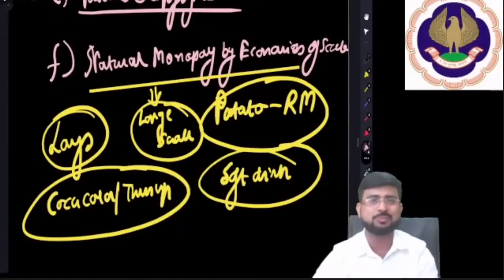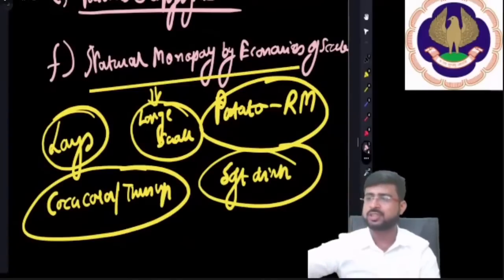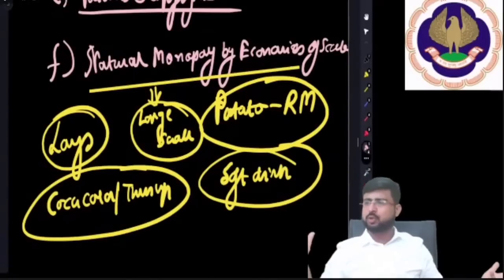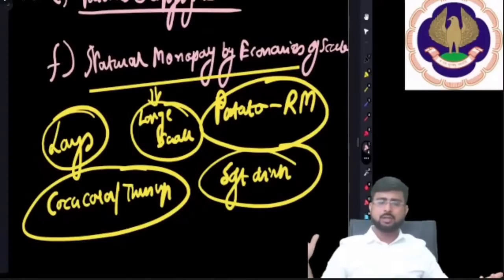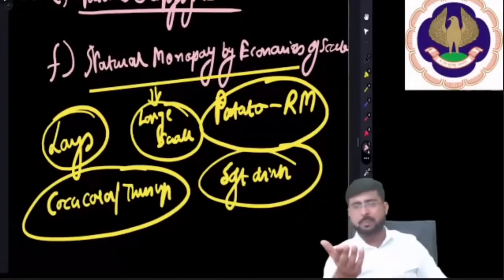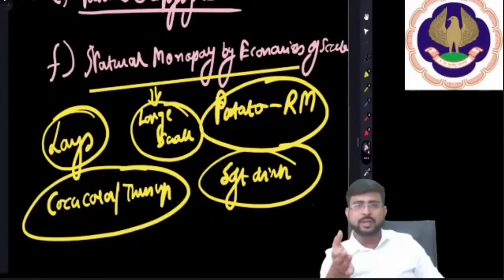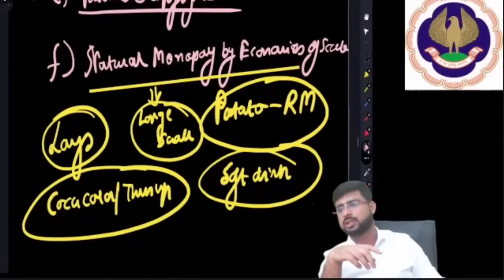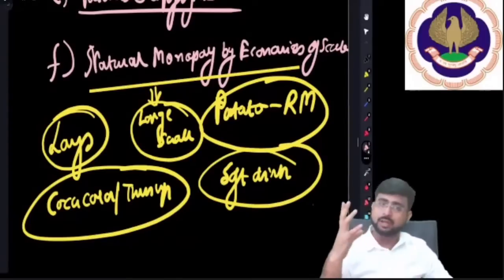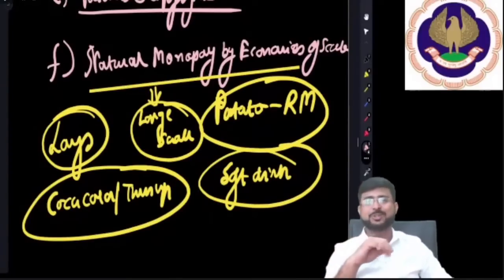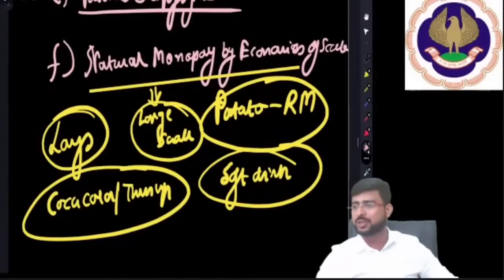Sir, not possible. They produce so large. Brands like Coca-Cola and Pepsi, I read somewhere, are in around 190 countries. So many countries are not even in the United Nations. They're bigger than the membership of the United Nations. Just imagine how low the cost per unit would be. That's the advantage we are talking about here.